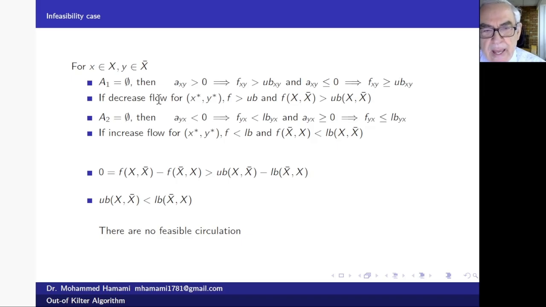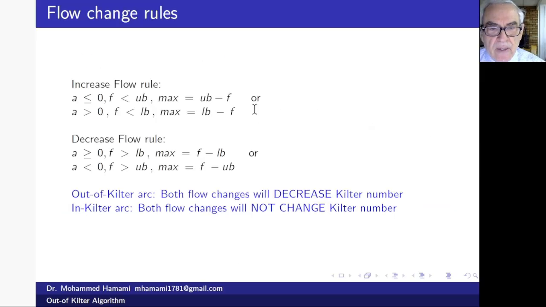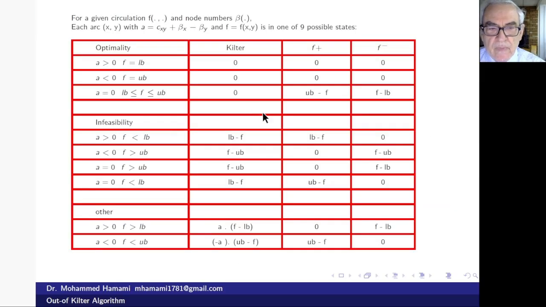Now, in the case where our original arc is being decreased, f must have been bigger than UB. If a of x star y star is positive, then f is bigger than UB, just like here. Otherwise, if a of x star y star is less than or equal to 0, then we go back to our matrix.